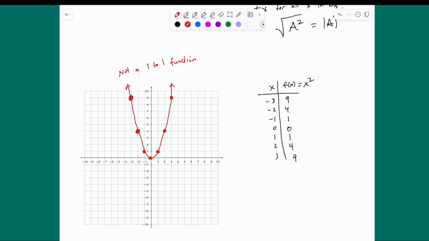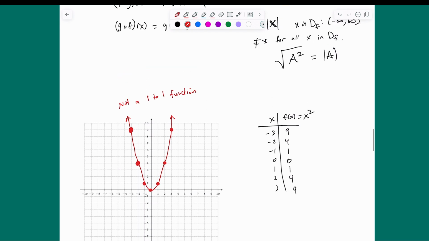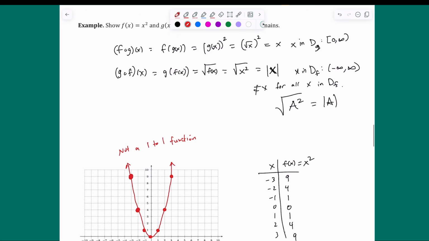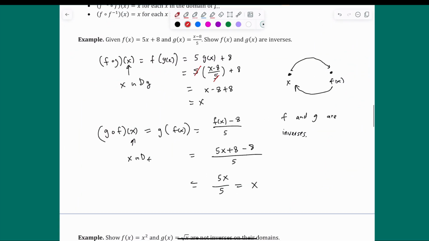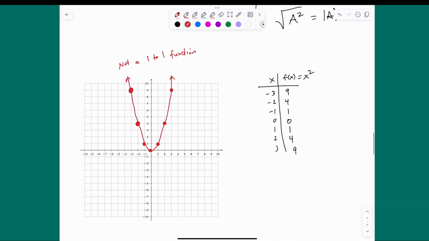However, what you can do to make this composition true so that it satisfies the conditions of an inverse is to restrict the domain. And commonly we tend to do that if we need an inverse function. You'll see that in a trig class as well, where you need to talk about an inverse, but you know it's not an inverse function.